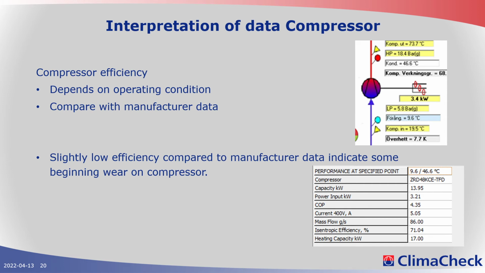So when you measure, you can just enter your inlet conditions and your outlet condensing pressure, and the software will give you the performance that is expected. So here it's just one example showing the compressor efficiency being just slightly below the design isentropic efficiency at identical conditions.